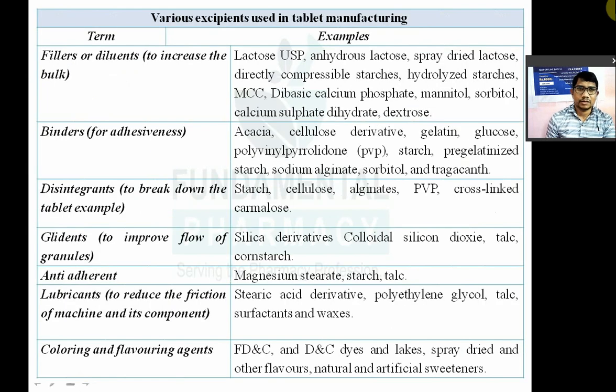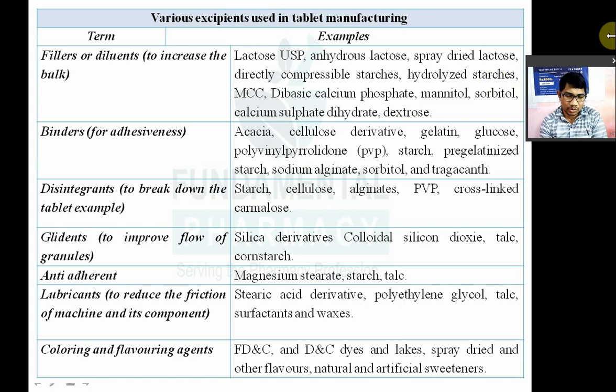Next is the various excipients used in tablet manufacturing. Along with the drug you need excipients, because suppose your dose of drug is 2 milligram, you cannot formulate a tablet of 2 milligram. You have to formulate at least a 10-15 milligram tablet.